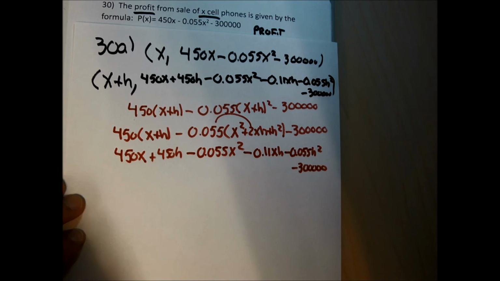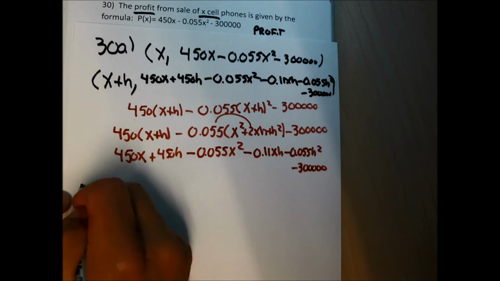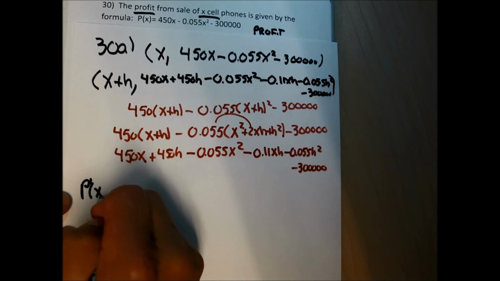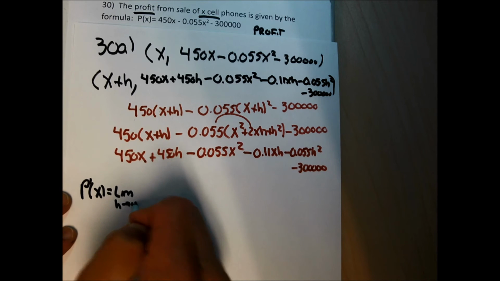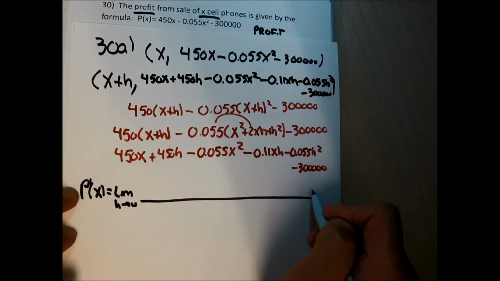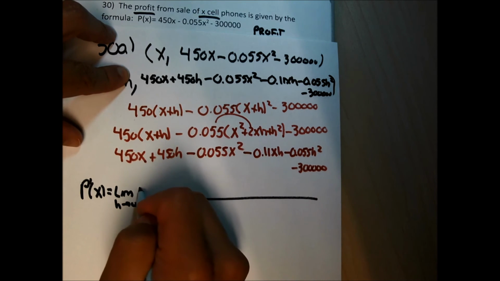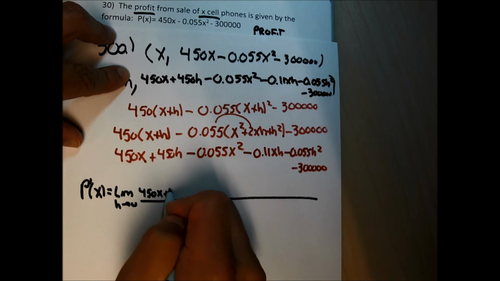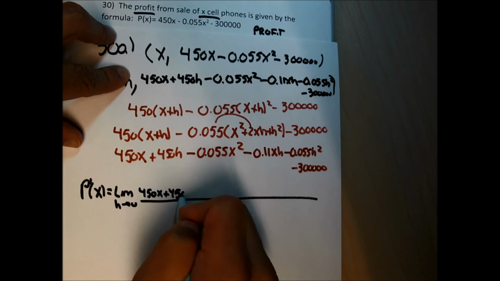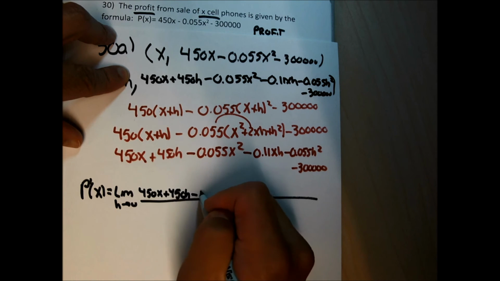So the derivative p prime of x is going to be the limit as h goes to 0 of, first thing I need is the y2, so it's going to be 450x. I'm tired of writing this, but I'll do it.